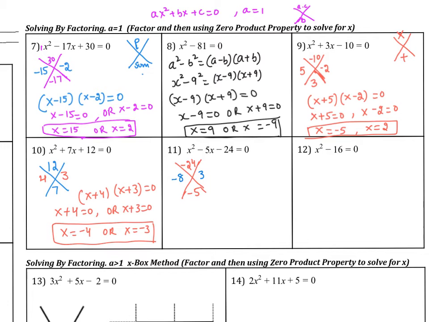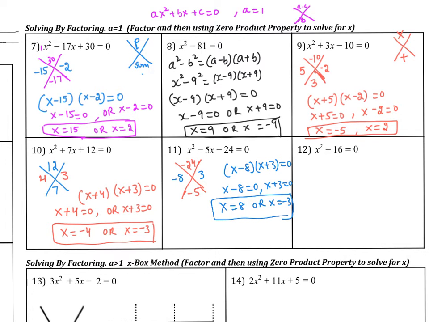So the factors are going to be x minus 8 and x plus 3 equals 0. Now to solve for x, you're going to set them equal to 0 one by one and solve for x. So x equals 8 and x equals negative 3 would be your answer.